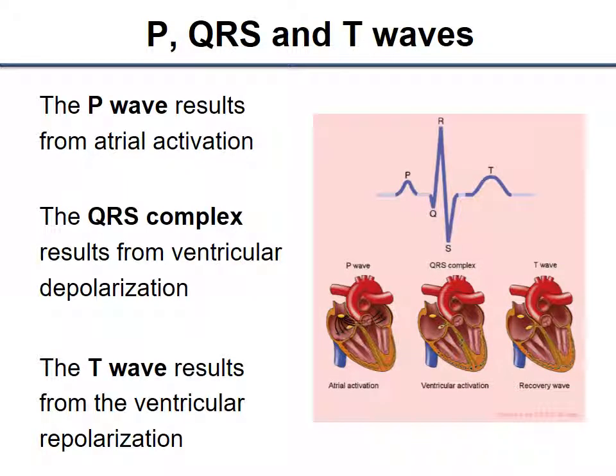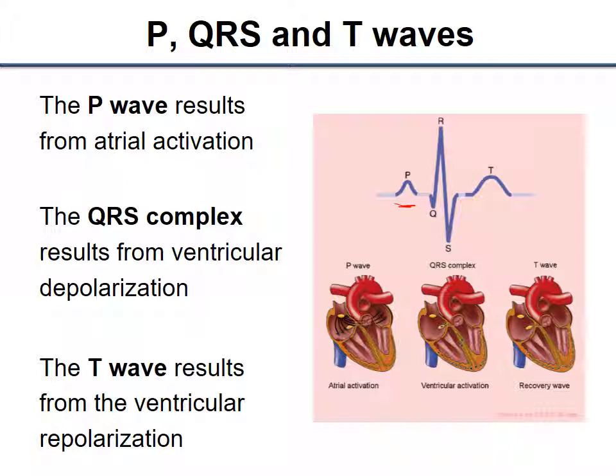Now the ECG waveform has some very signature morphologies, as we call them, or shapes or parts of the ECG waveform, and they have names. The P wave is this little bump over here. This is the wave that's created from atrial activation, so it's a little smaller than what happens next, which is what we call the QRS complex, and this is what occurs when the ventricle myocytes depolarize.